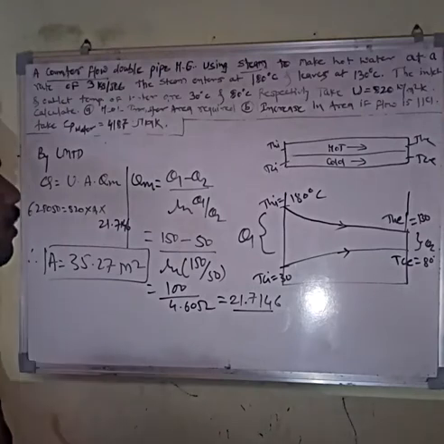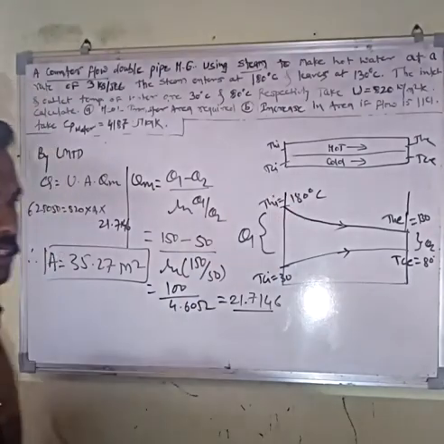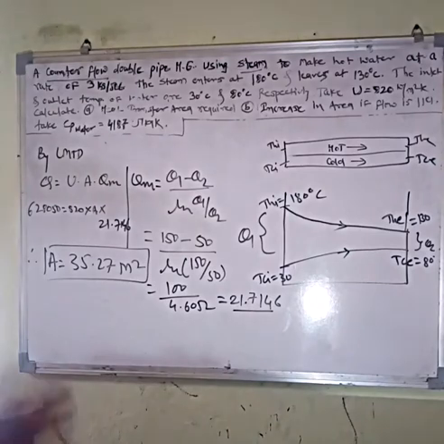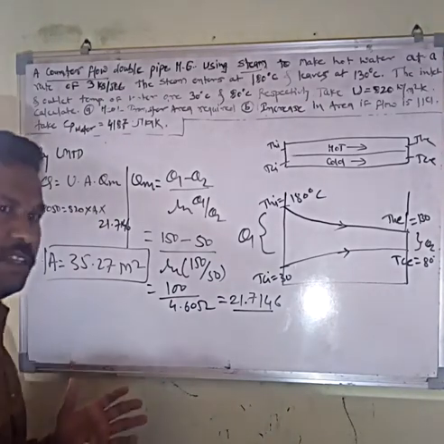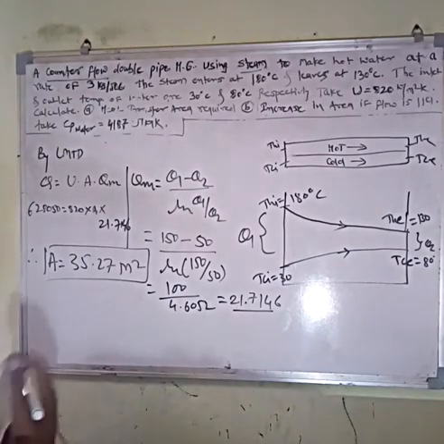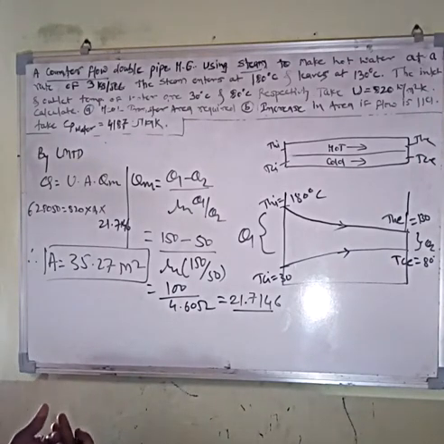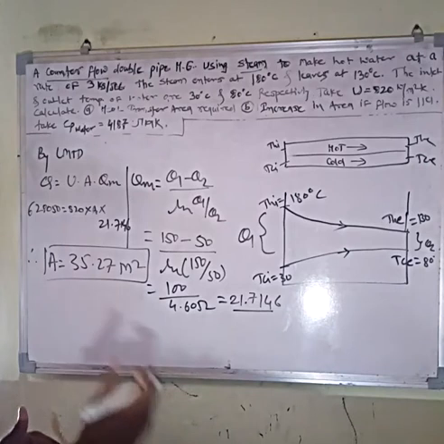Now this is the area for the parallel flow heat exchanger. After seeing that, the area for parallel flow is 35 and for counter flow it is 7. It means that counter flow is more efficient than parallel flow heat exchanger, because in limited area, in a small setup, we are achieving more heat exchange from counter flow rather than parallel flow.